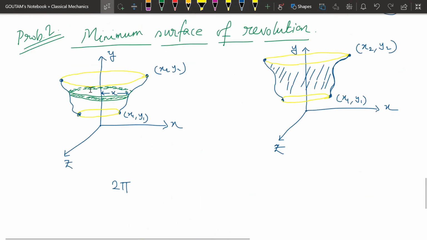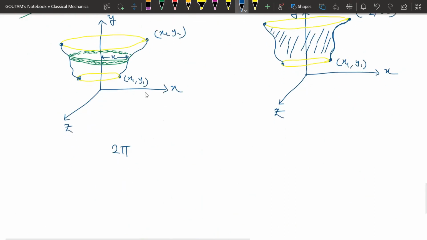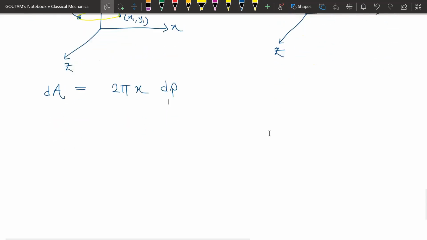So for this curve, this strip is an infinitesimal area, and this length is infinitesimal, defined by ds. So dA equals 2 pi x, which is the circumference of this ring, times ds. It's a very small strip.